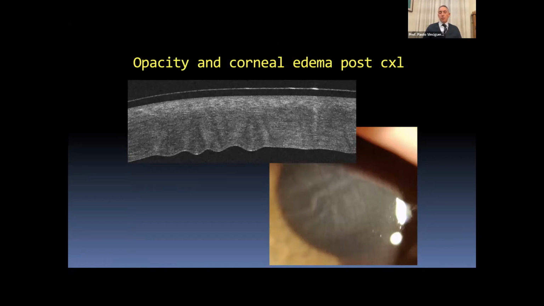Remember something: if you treat a very thin cornea, why do we leave the safety level at 300 micron? 300 micron should not be, to me, a limit. You should measure the pachymetry before irradiation. So instead of 300, I would suggest being even more prudent, 340, 330 micron before the irradiation, because you can have a cornea that is 480, and after the soaking time becomes 290.